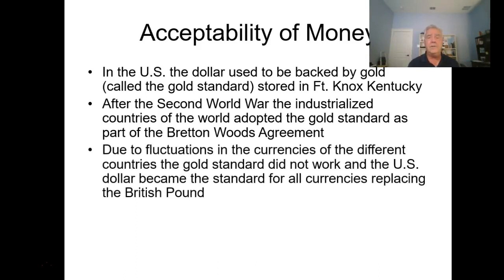However, currencies tend to fluctuate regardless of whether they're based on the gold standard or not. So it put countries in a position of not being able to adjust their exchange rates relative to any kind of inflation that might have been occurring in their country. For instance, if you have inflation in a small country, and you're selling goods overseas, that inflation rate is going to drive up the cost of your goods and services.